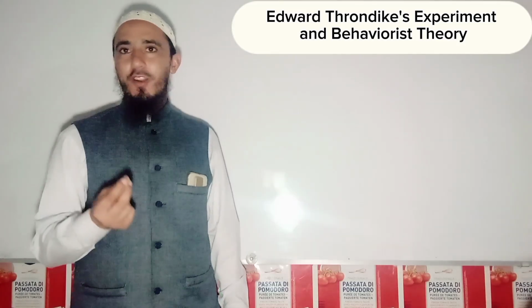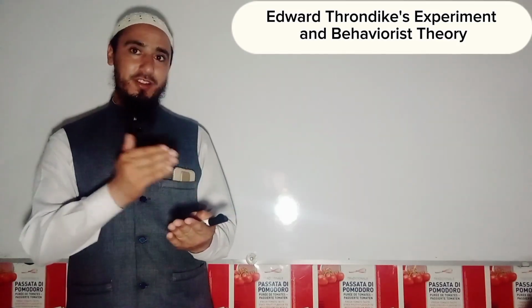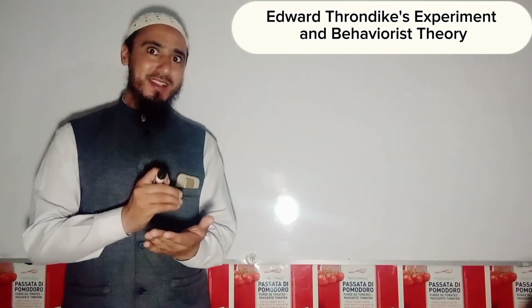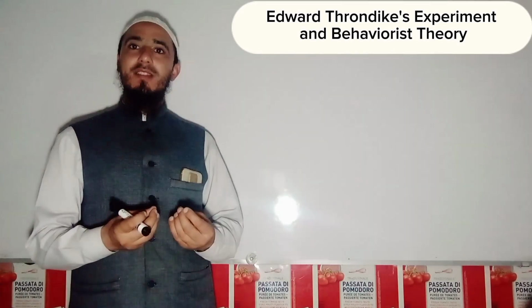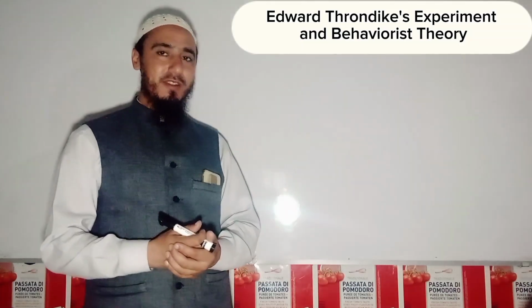And another point I will add here, which we derive from this experiment, is that human beings' behavior and, for example, consequences also shape the behavior of other human beings.